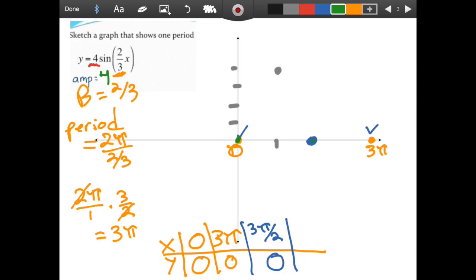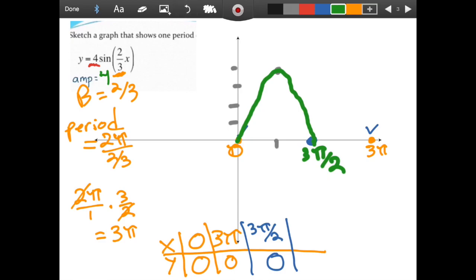So let's map this out real quick. Okay, so we got that first part. Recall that this was 3 pi over 2. Mapping out this angle right here can be a little tough, but recall that we just take whatever distance this is and divide it by 2.